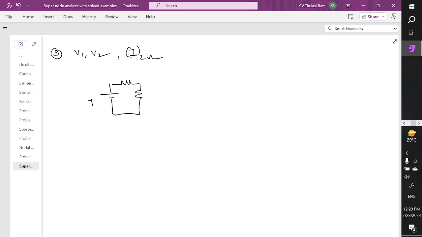So this is a 7 volt source, this is a 4 ohm, this is a 3 ohm. In between you have one super node; this is V2, this is V1, and he's asking us for this current, and this is connected with one more branch in parallel.